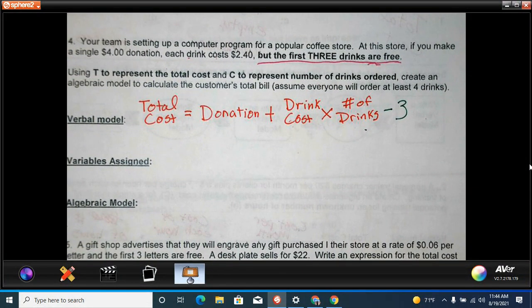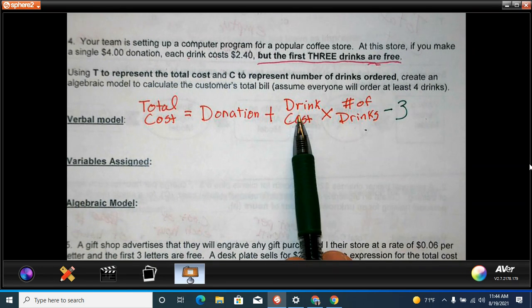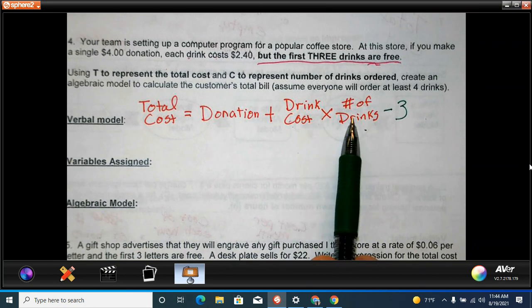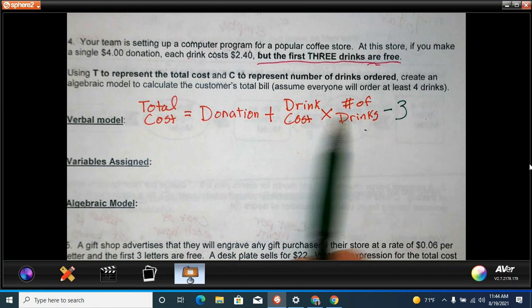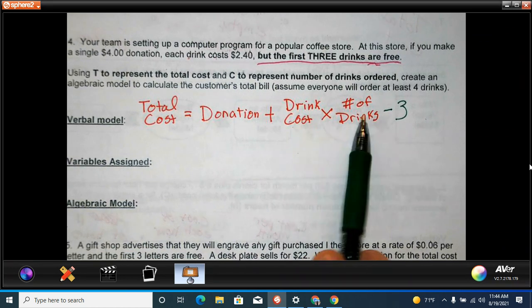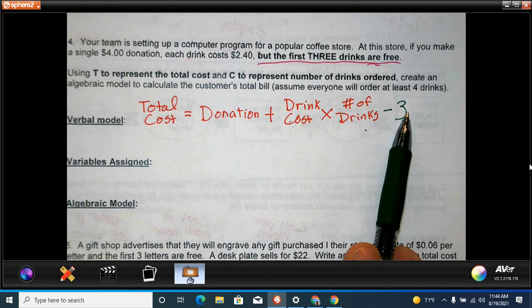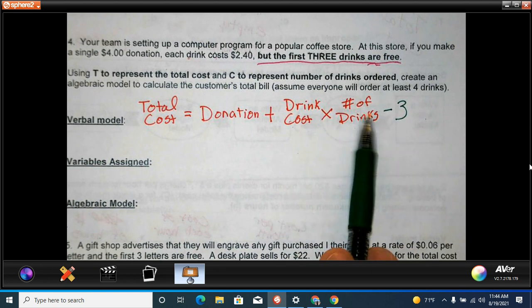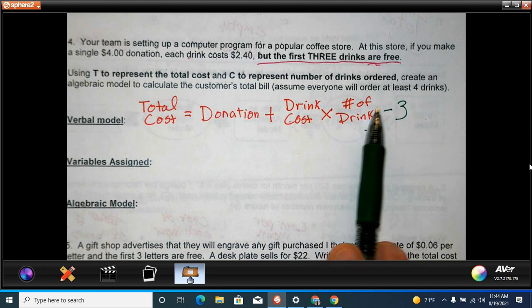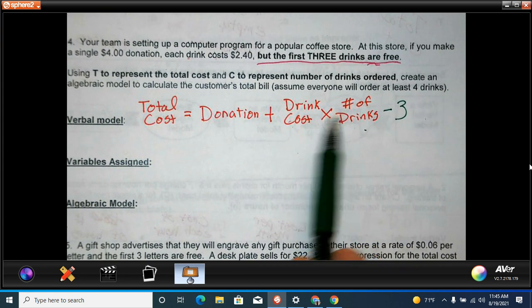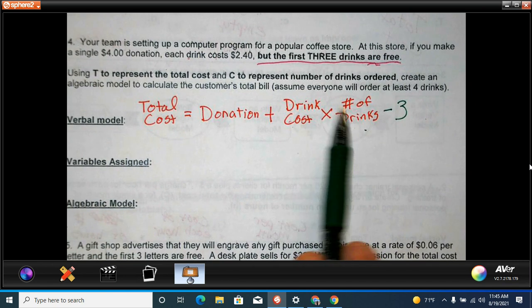Now I was multiplying 2 numbers together, right? Which was okay because that was one term. But by subtracting this 3, what did I do to the one term? I made it 2 terms, didn't I? So what am I going to need in between?